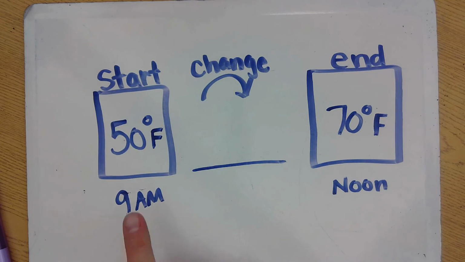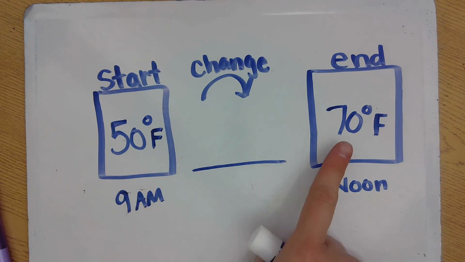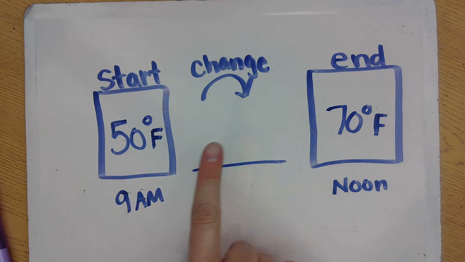So if I started at 50 degrees Fahrenheit in the morning, and then by lunchtime it was 70 degrees, what type of change happened? Did it get warmer? Did it get cooler? You're right, it got warmer because I know that 70 degrees Fahrenheit is warmer than 50 degrees Fahrenheit.